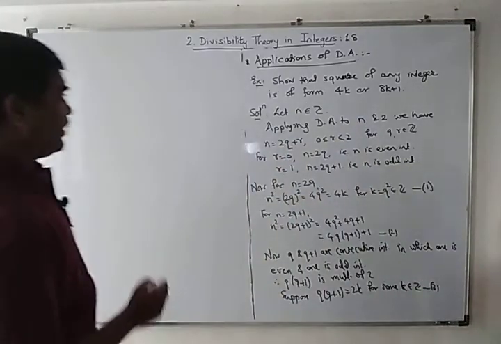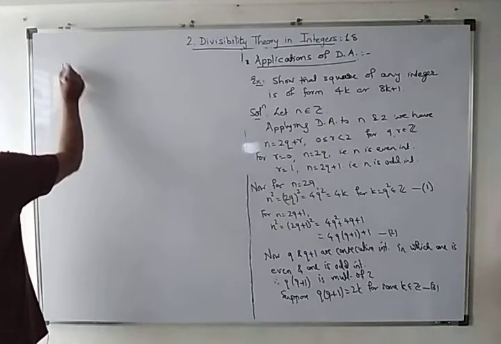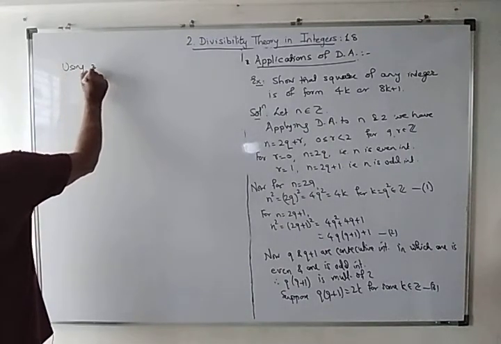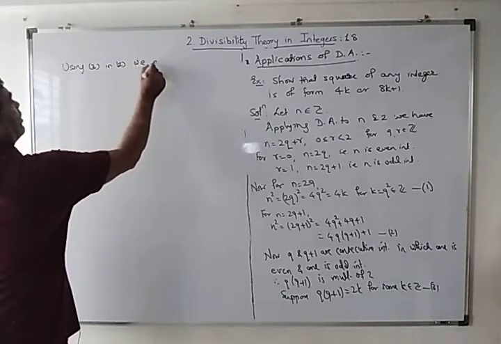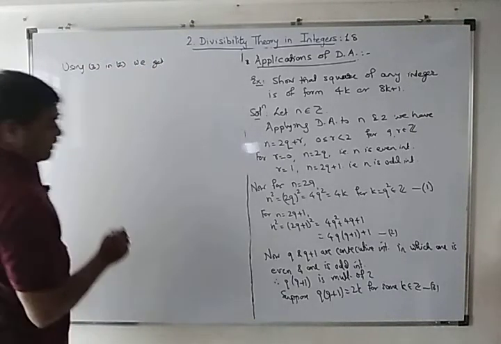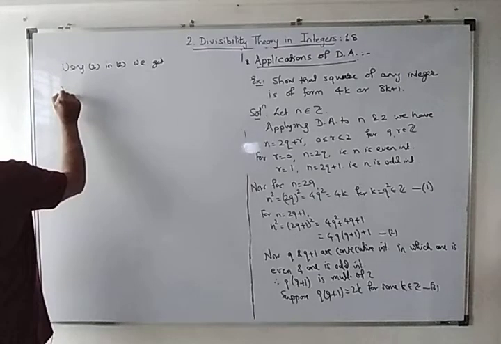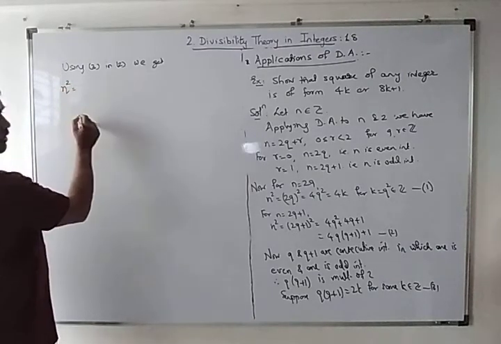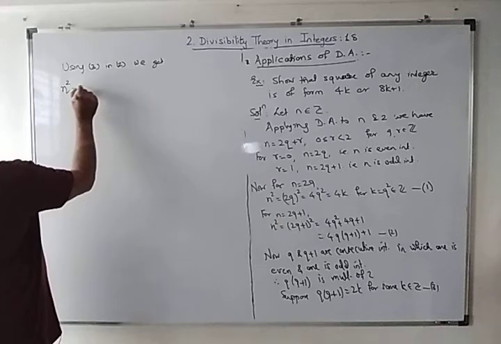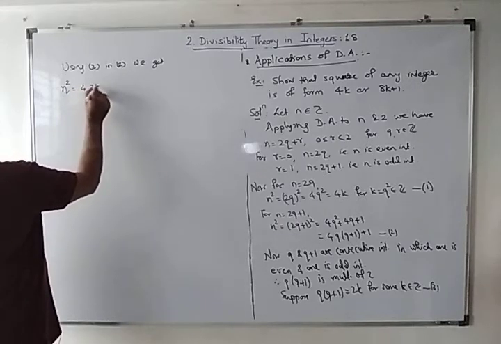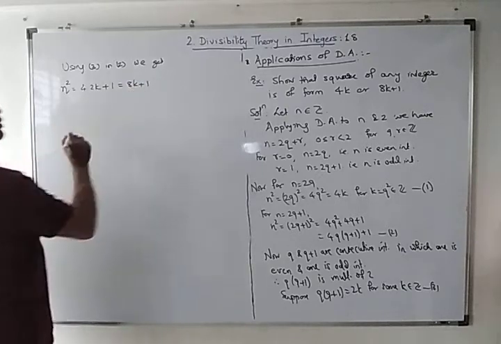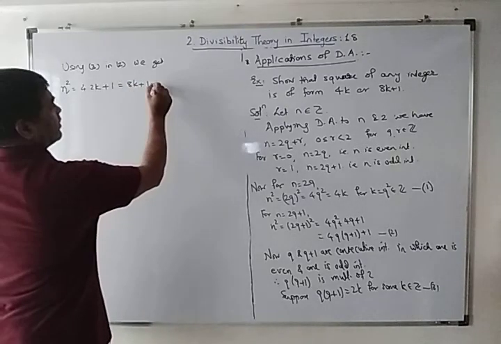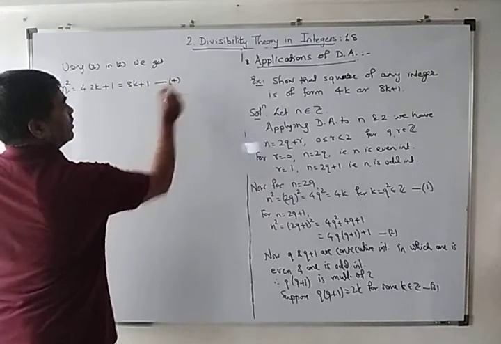Using this, what do we get? We'll get n square is equal to 4 times 2k plus 1, which is equal to 8k plus 1. Okay. This is your 4.